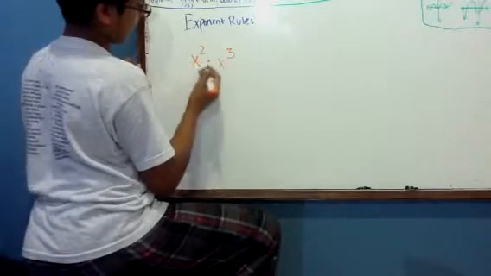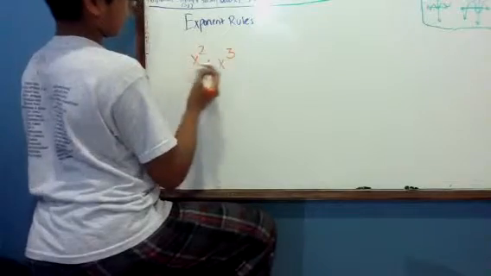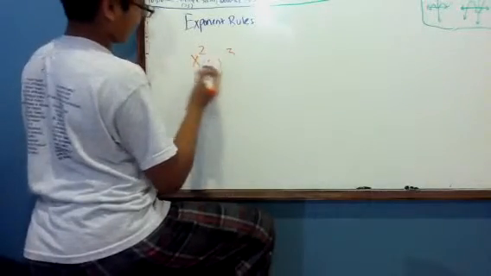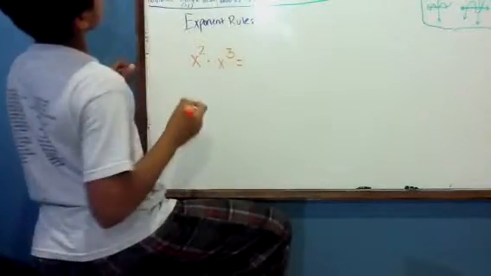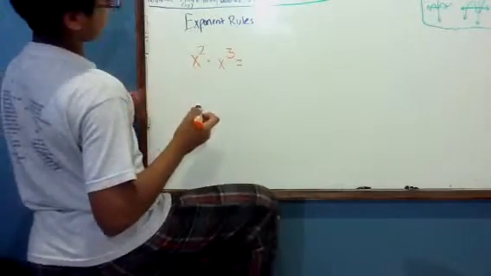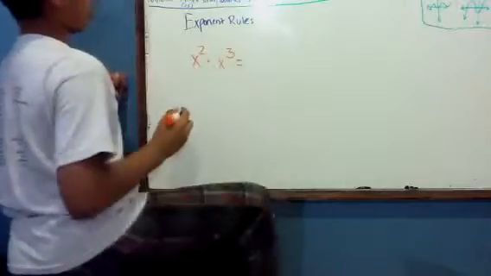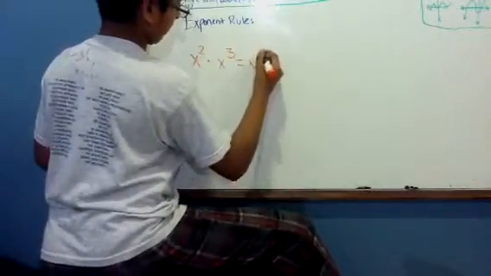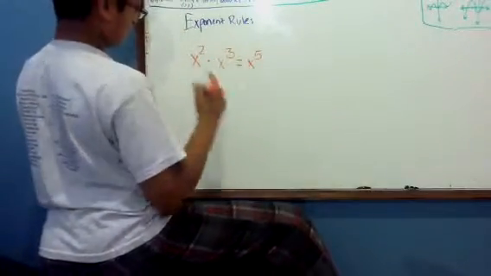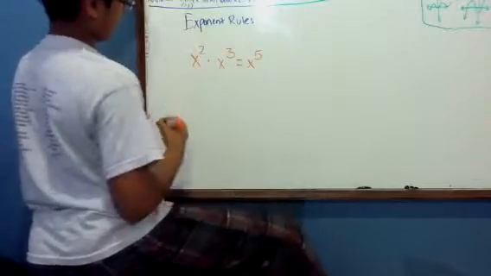Notice how they have the same base, okay? x is the base. If they don't have the same base, you can't combine them. What's 2 plus 3? x to the 5th. Okay? This is true. This works.